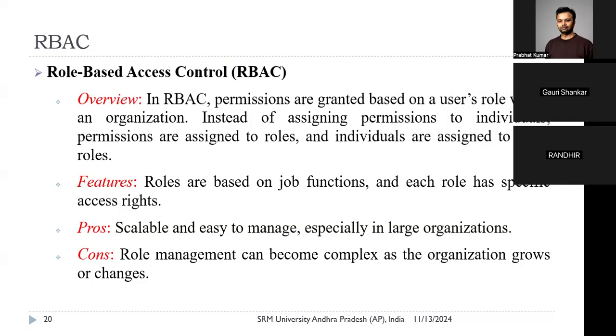So which role the user belongs to. If the user belongs to an admin role, he will get different access permission. If the user is a normal user, he will get different access to resources. So this access control is designed based on roles rather than classification of the data and of the user.